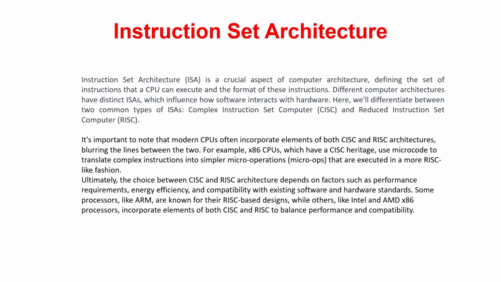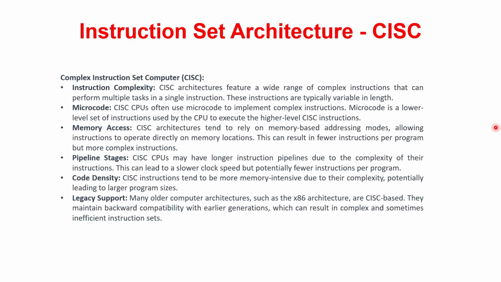Okay, so this slide details the key characteristics of CISC, or complex instruction set computer architectures. First is instruction complexity. CISC architectures feature a wide range of complex instructions that can perform multiple tasks in a single instruction.